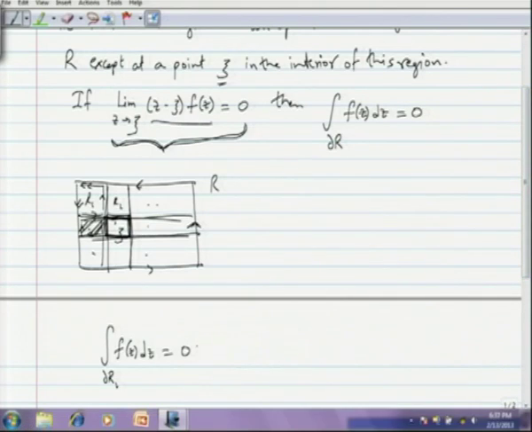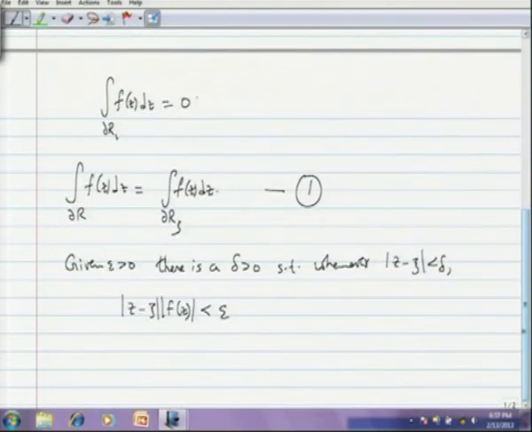The modulus of this is arbitrarily small as z goes to zeta. So, what this is telling me is that the modulus of f of z is strictly less than epsilon divided by the modulus of z minus zeta whenever this occurs.